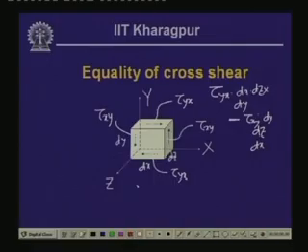Now, assuming that there are body force components in the x and y direction, which we say x is the body force per unit volume, for the time being let us say we are neglecting the body force components, because that is also not going to cause any moment as such with respect to z axis.